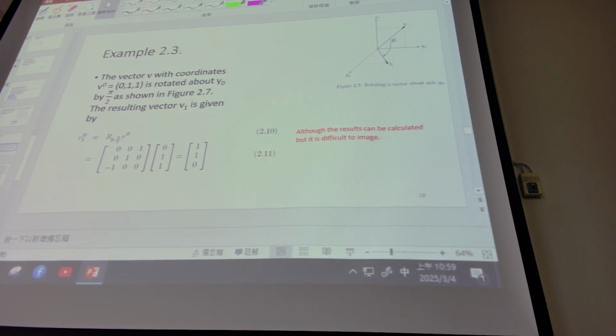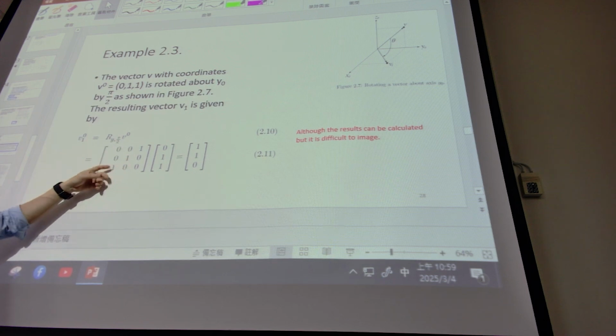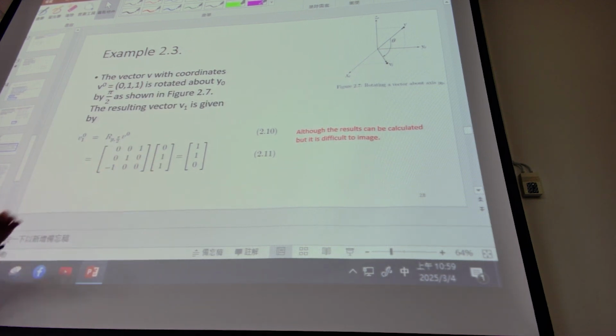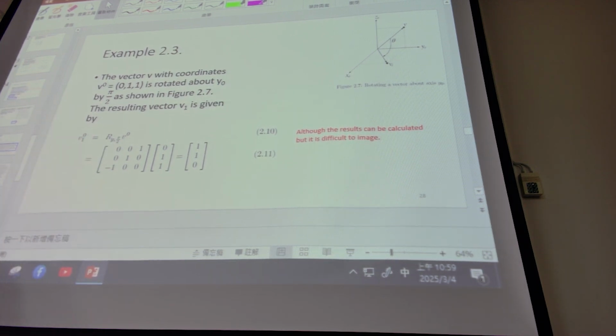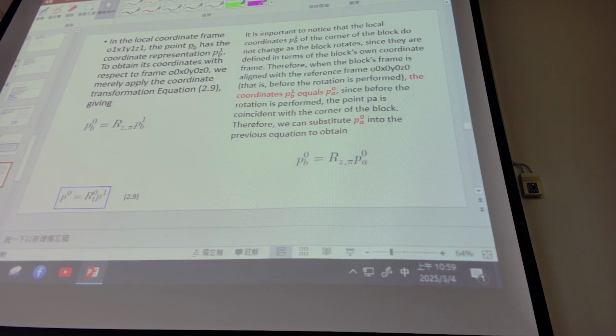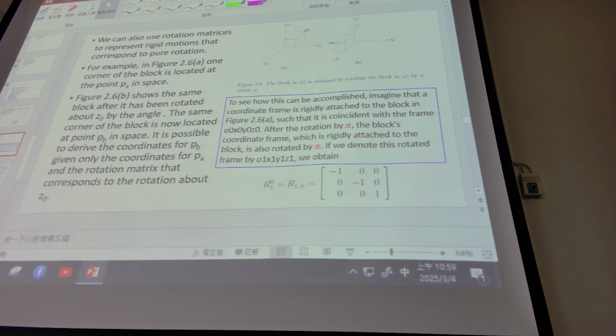Then you multiply it, you bring the angle into the matrix and the vector, then you can rotate along the y-axis by 90 degrees to somewhere you want, then you observe the new vector. So in this case, it demonstrates how we can use the matrix we just mentioned. It's the same one.